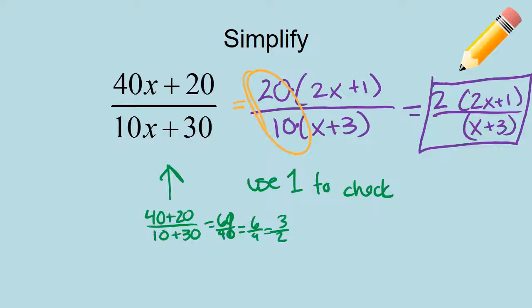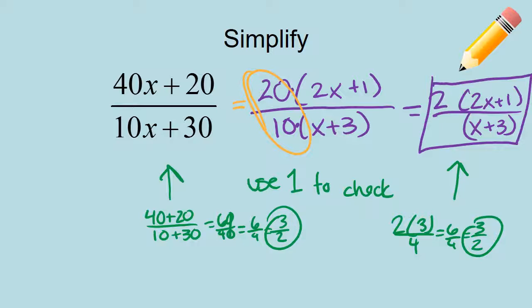I mean, you could reduce it all the way down. So now let's check my reduced values. 2 times 1 is 2, 2 plus 1 is 3, 1 plus 3 is 4. This would give me 6 over 4, which reduces down to 3 over 2. So sometimes you might not have reduced all the way, but it's still worth checking to make sure that you have equivalent fractions, equivalent ratios.